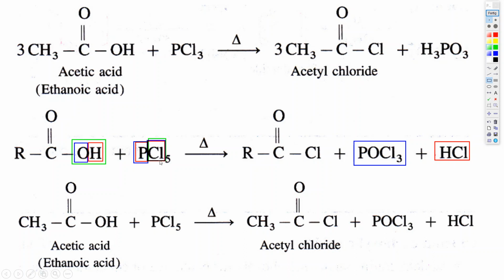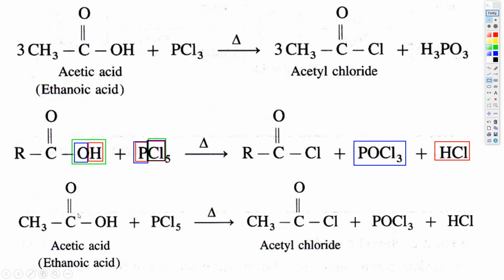So out of the 5 chlorine atoms, one chlorine atom and one hydrogen atom form HCl, one phosphorus atom, one oxygen atom and 3 chlorine atoms form POCl3, and one chlorine atom bonds with this carbon atom and forms RC=OCl, the acid chloride.